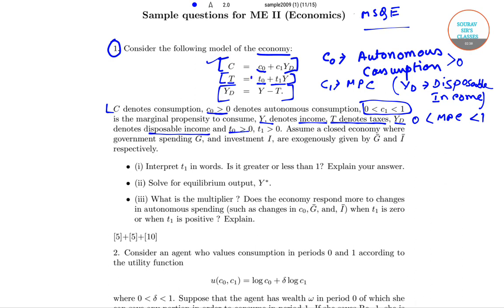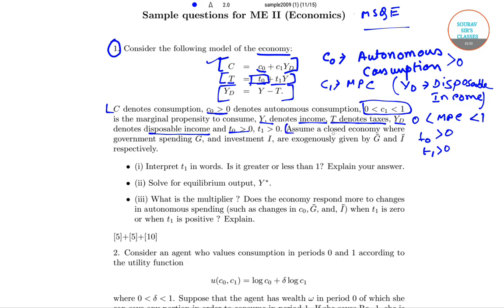Here the autonomous tax, which is T0, is greater than 0, and T1, which is the marginal propensity to taxation, is also greater than 0.